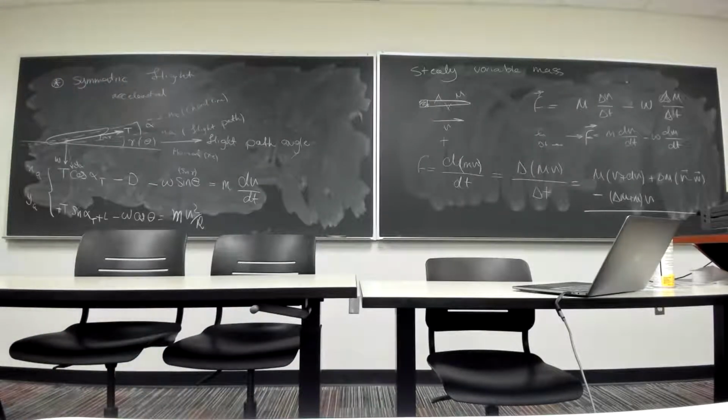What should be the equation of motion during a level, unaccelerated flight? What does a level flight mean? A level flight means that you are not changing altitude. So what is the flight path angle? 0.